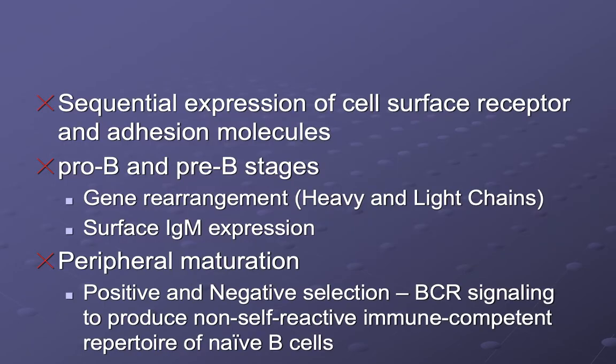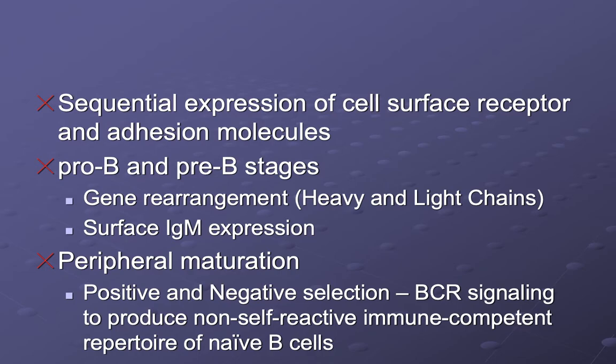The sequential expression of cell surface receptors and adhesion molecules that demarcate or differentiate the different stages of B cell development allows for the B cells to actually undergo certain functions, no?